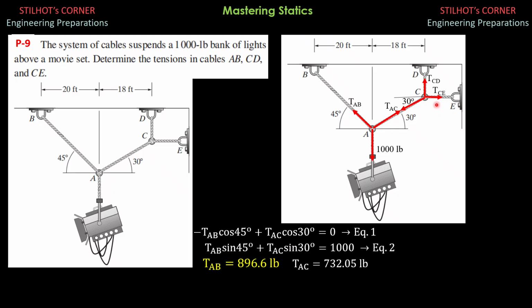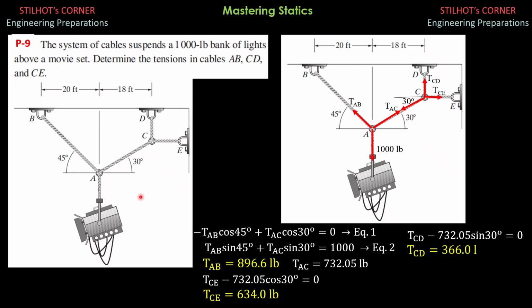Then we transmit it to C. Summation of horizontal forces equals 0: TCE minus 732.05 cosine 30 degrees equals 0. So TCE is equal to 634.0 pounds. Summation of forces in Y equals 0: TCD minus 732.05 sine 30 degrees equals 0. So TCD is equal to 366.0 pounds.